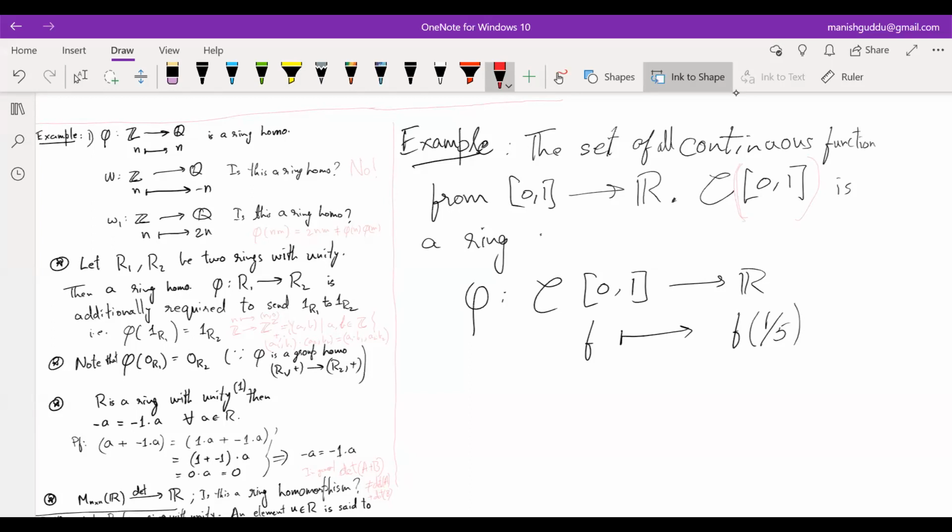You know how to add two functions and how to multiply them. F plus G of an element x in 0, 1 is just f of x plus g of x, and similarly multiplication.